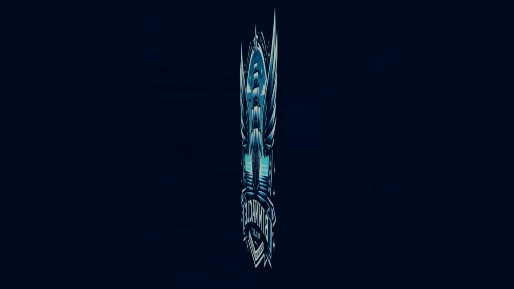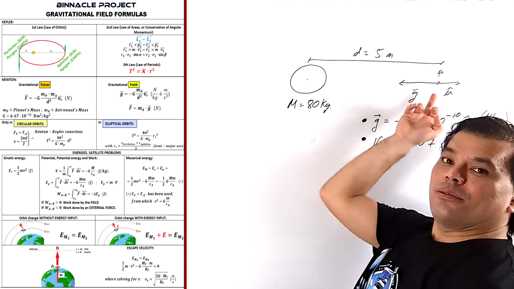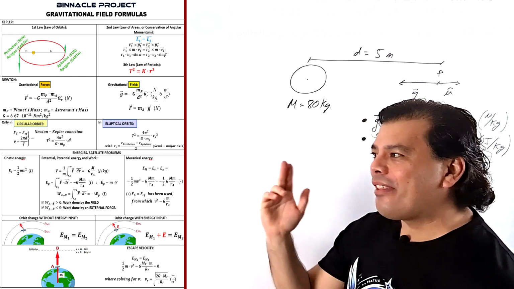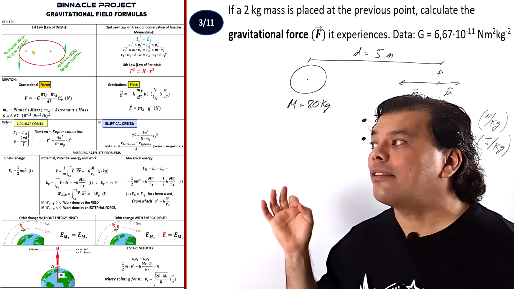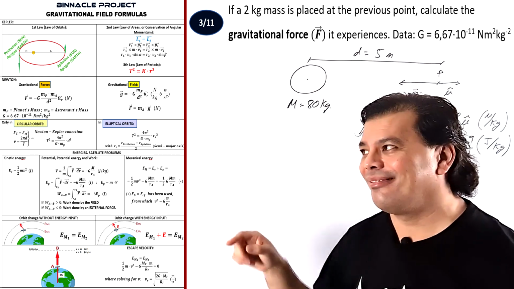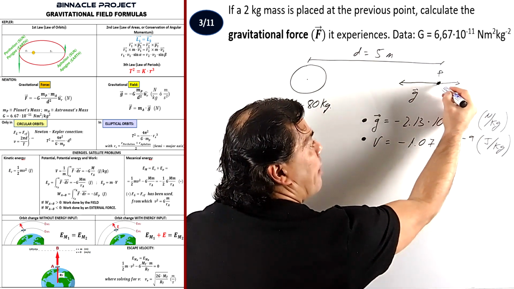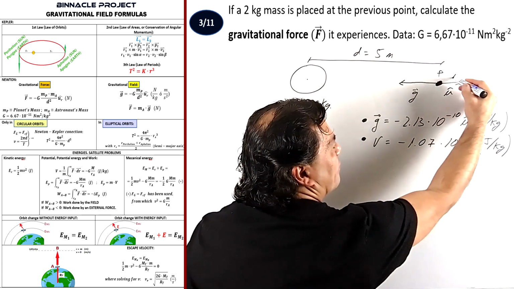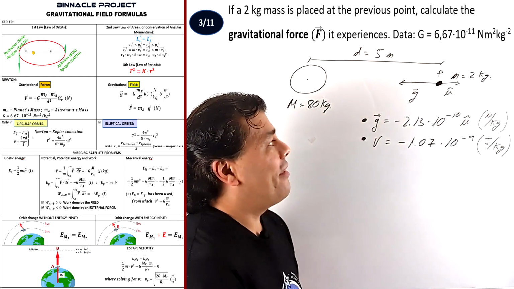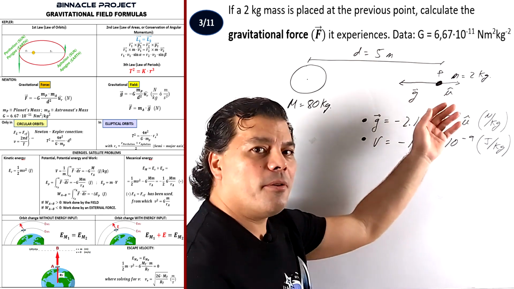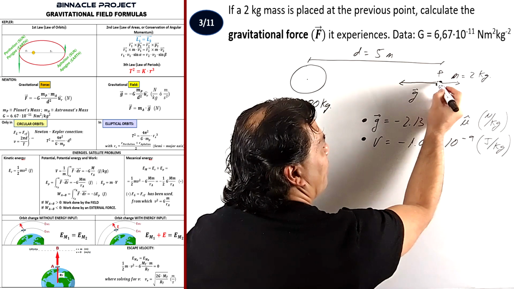And now it's time to finally place a little mass at point P to see what happens with it. Look, if a 2 kilograms mass is placed at the previous point, calculate the gravitational force that it experiences. Look, we're placing here a second mass of 2 kilograms, okay? So this little mass is going to experience a force due to the presence of this other one. And here you have it.